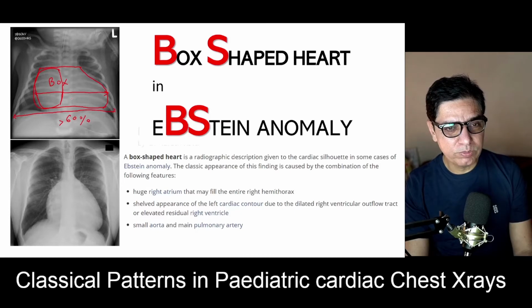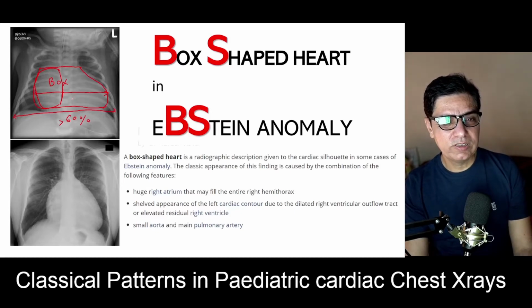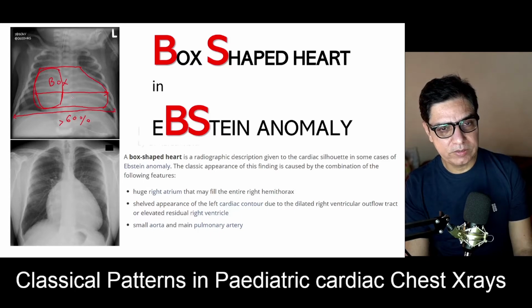So a child who is born with cyanosis and the heart is showing a box-shaped appearance, we call it Ebstein anomaly. In this case, if you do an ECG, you would see left ventricular hypertrophy, because the right ventricle is not properly developed and not properly working.